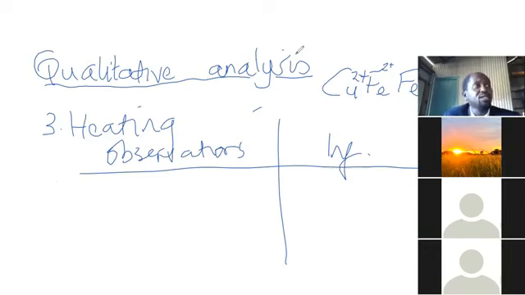You say red litmus remains red, blue litmus remains blue or changes to red. You are also supposed to mention the color of the residue. Is it a white solid? Is it a black solid? So describe the nature of the residue.